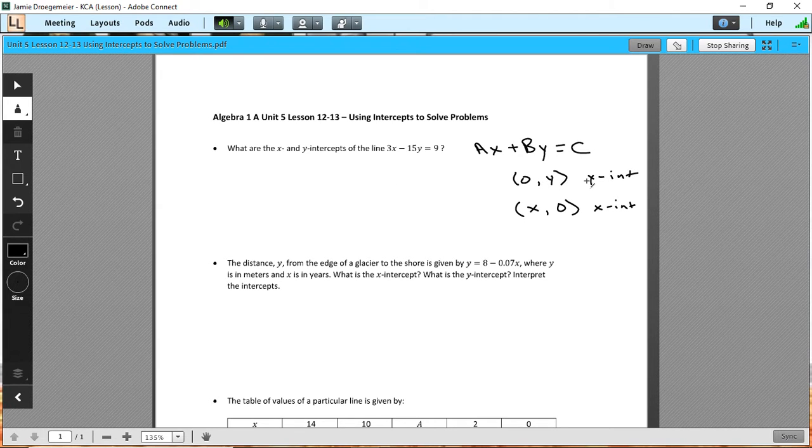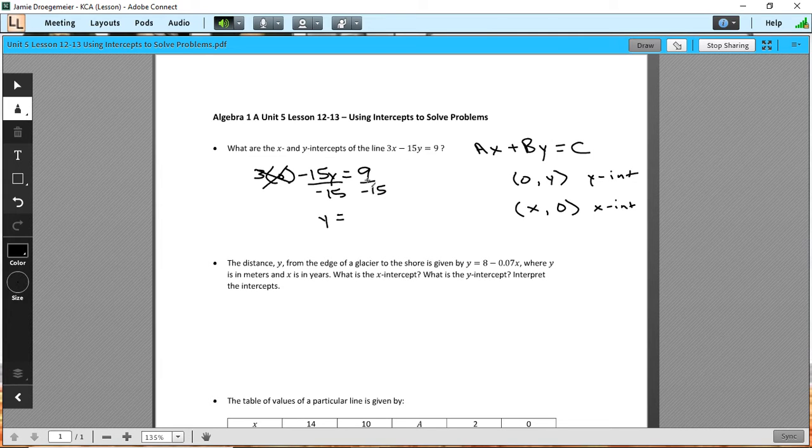If I plug in 0 for x, that's 3 times 0 minus 15y equals 9. Notice 3 times 0 is just 0, so that zeroes out the first term, and I'm left with negative 15y equals 9. To solve for y, I divide each side by negative 15, and I get y equals negative 9/15.